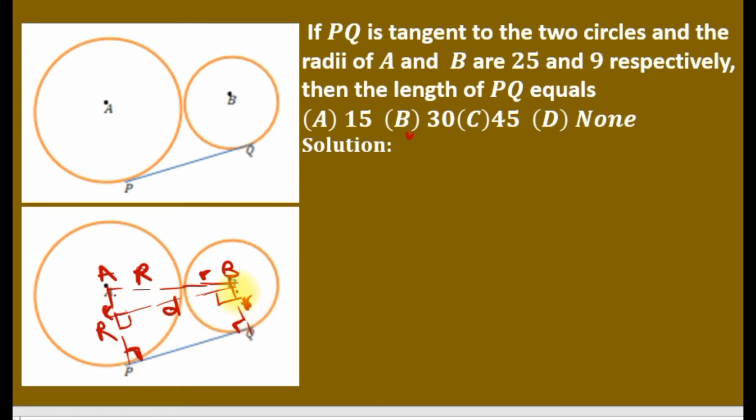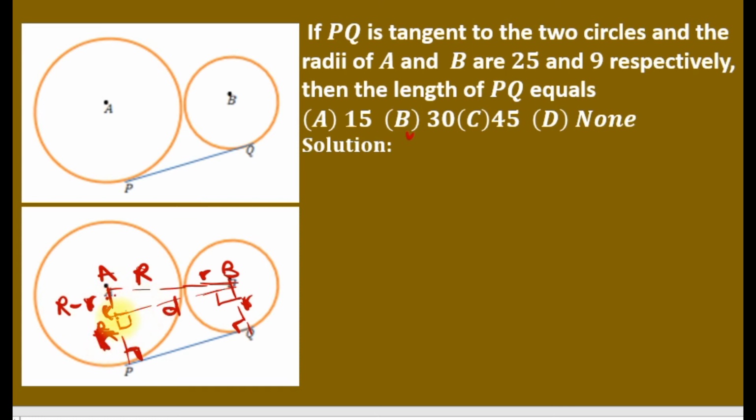And common sense will tell us that since this is parallel to this, this is small r, that's CP, small r, while what is left here is big R minus small r, such that if you add up this, it will give us the big R again.